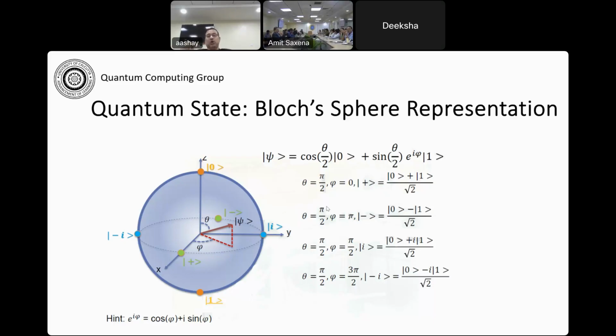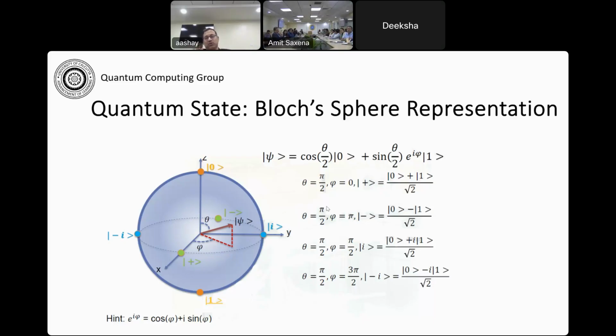So the two state variables of a single qubit quantum state are theta and phi. What is theta? Theta is the angle which this vector makes with the z-axis, right? And what is phi? Phi is the angle which the projection of this vector on the xy plane makes with the x-axis.